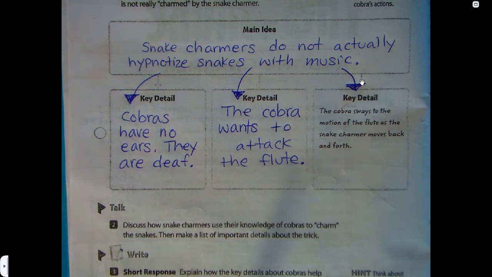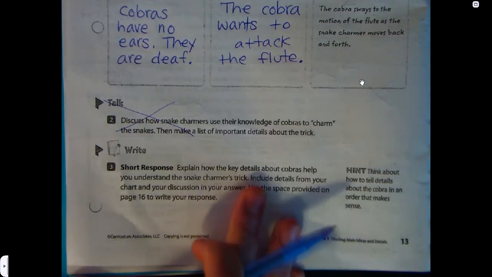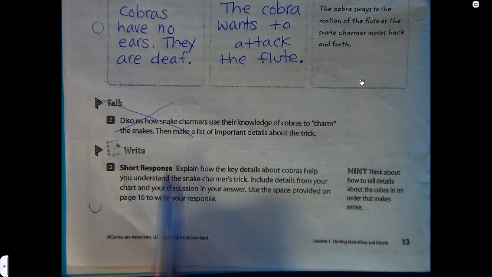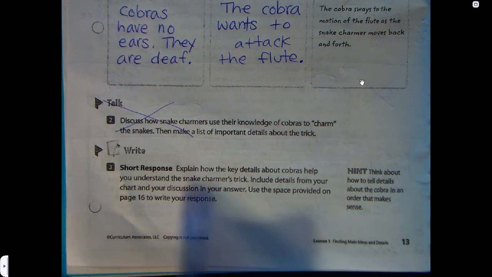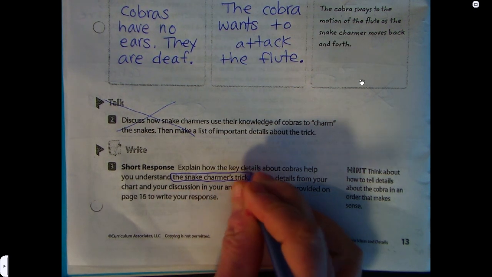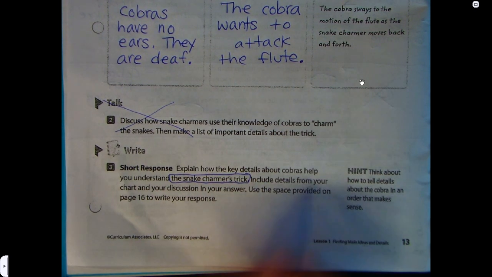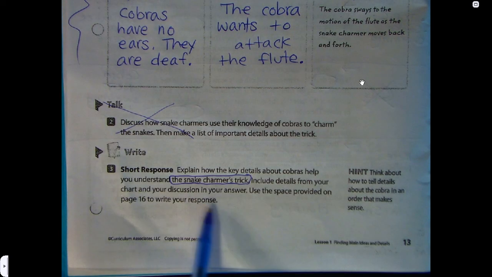The next thing we're going to do is skip over this part. We're going to go down to the right part. We're going to write a short response. Explain how the key details about cobras help you understand the snake charmer's trick. That's our focus here, the snake charmer's trick. Include details from your chart, so use this stuff up here in your discussion. We didn't really discuss.